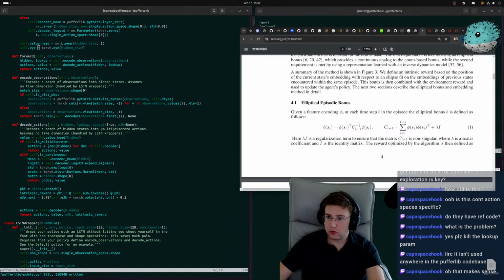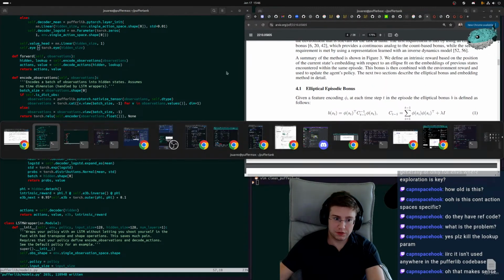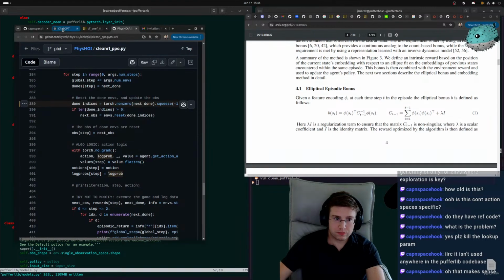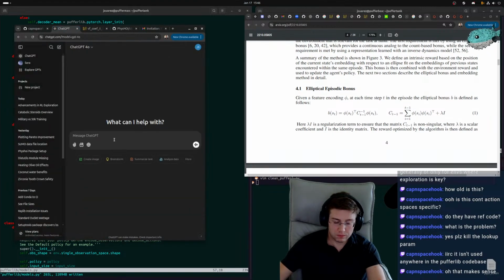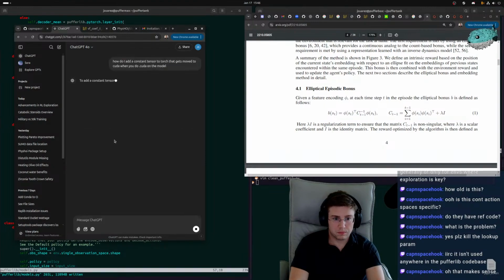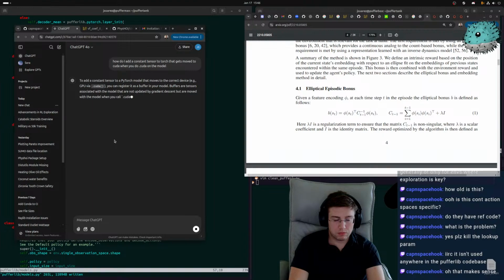How do you make a torch constant that gets moved to device? Register buffer.